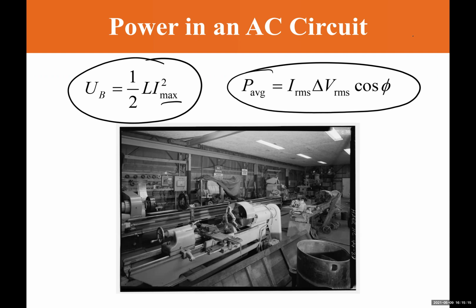So to deliver greater power to such devices without using excessively high voltages, they introduce a capacitance in their circuit to shift the phase. Because if the reactance from the capacitance matches the reactance of the inductors, then you get maximum effectiveness, right? So cosine of phi equals 1 in that case.